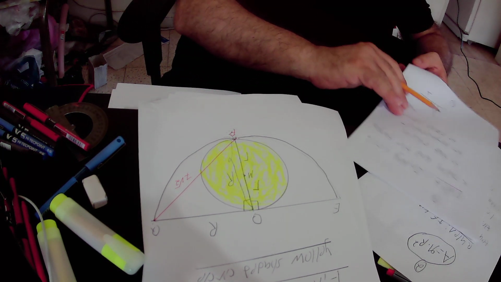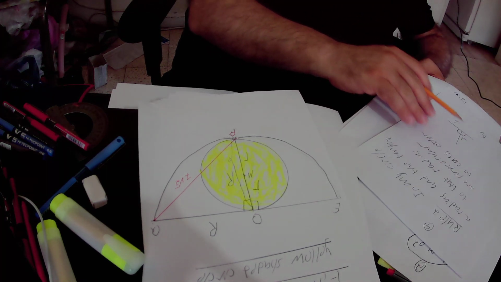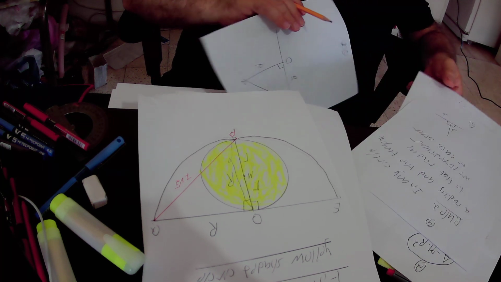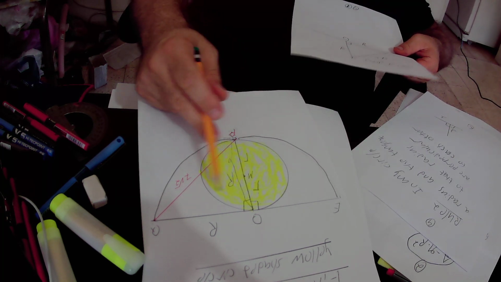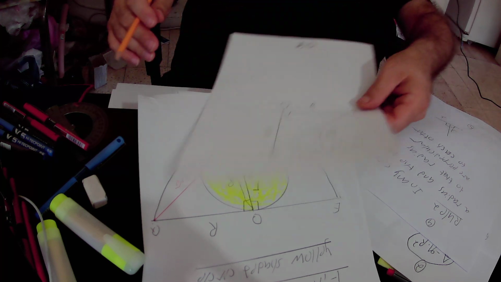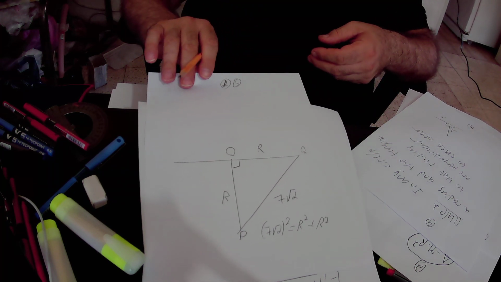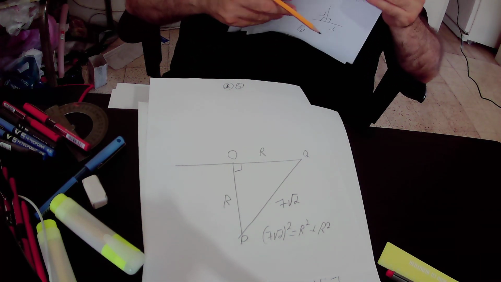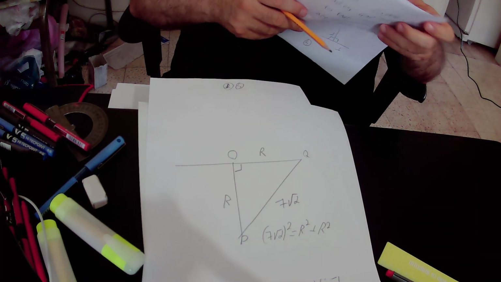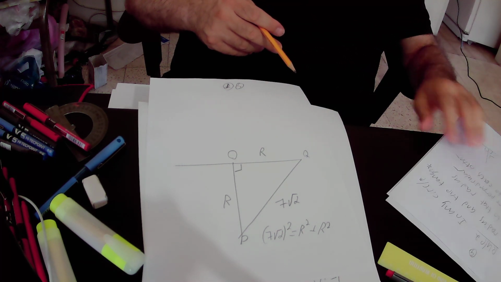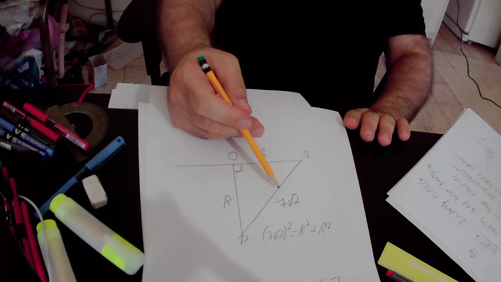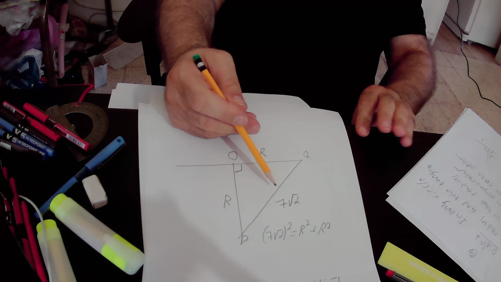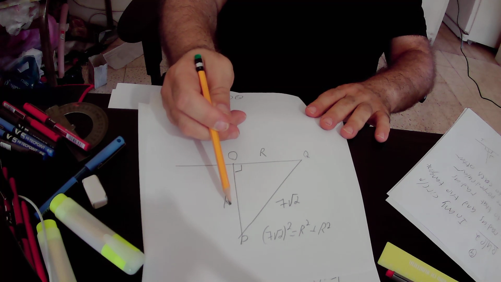So we have here a right triangle, because this angle equals 90 degrees. So I draw again the right triangle POQ, and according to the Pythagorean theorem, the square of the hypotenuse is equal to the sum of the squares of the perpendiculars.